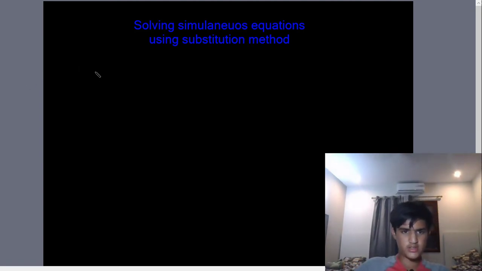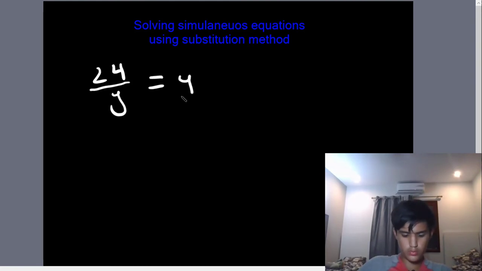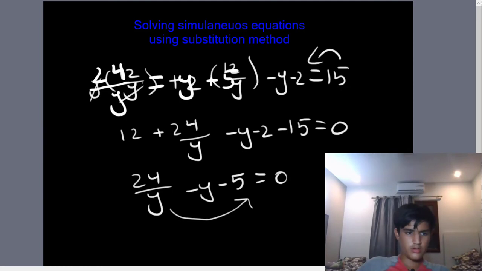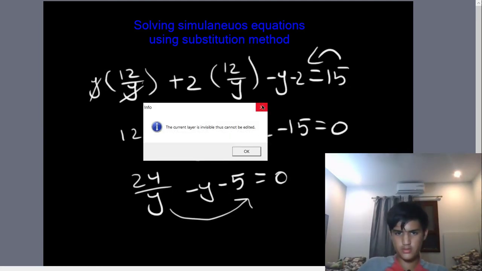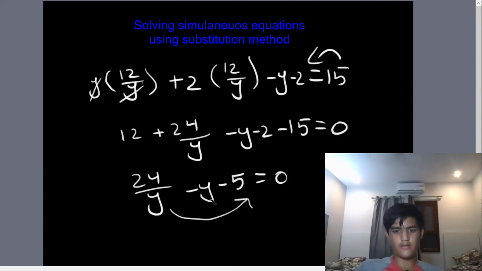So what we're going to do instead is 24 upon y is equal to y plus 5. So minus 5 here will be plus 5 there, and minus y here will be plus y there.